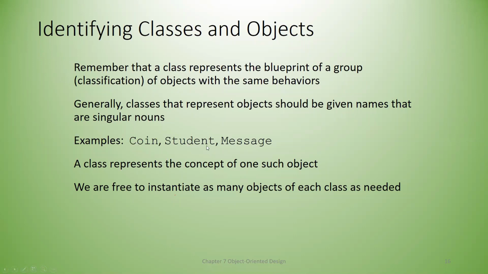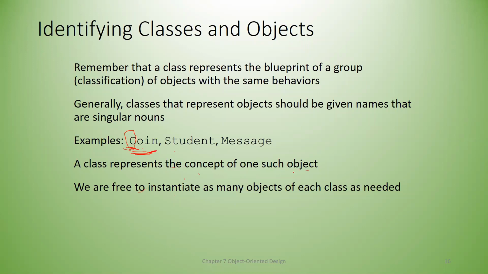That's the class name, remember. And notice that for each class, the writing form is you capitalize the initial letter of each word. A class represents the concept of one such object.